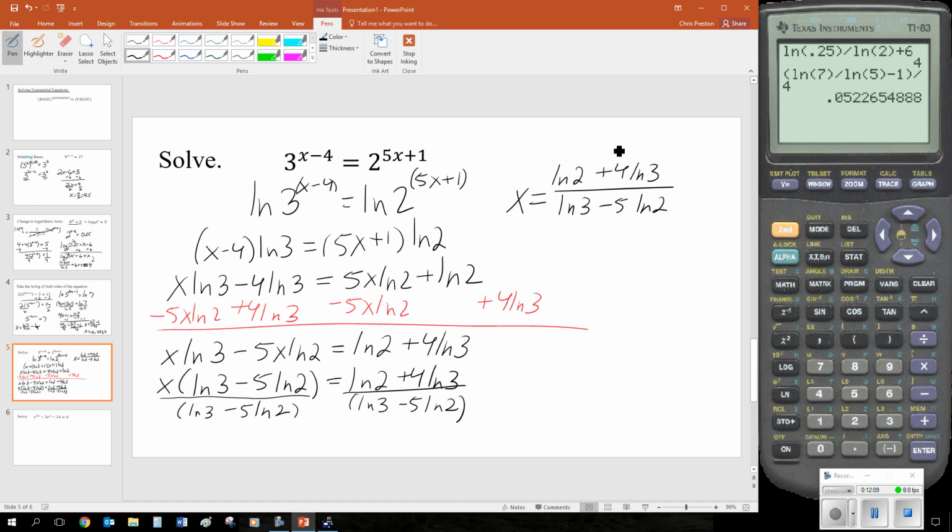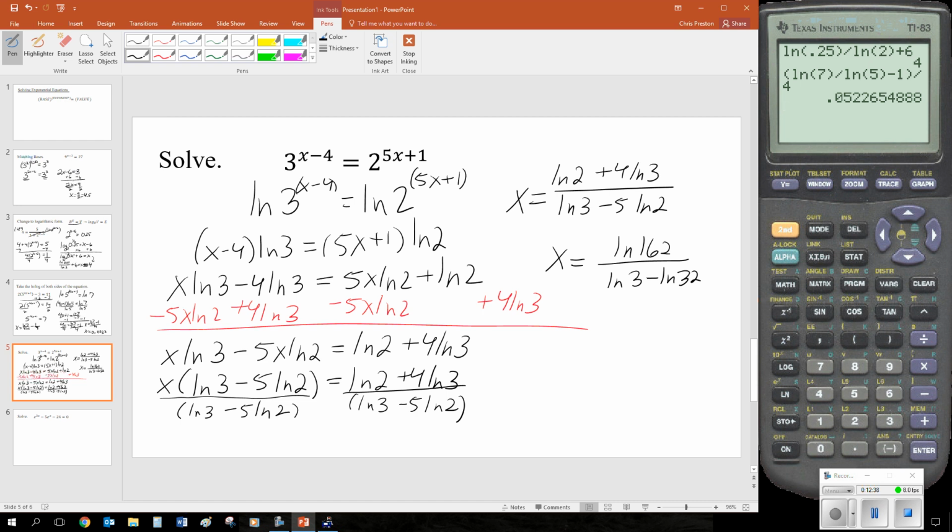You could also make this look a little nicer if you wanted to, let's say, natural log of 81 times 2, 162, natural log of 3 minus natural log of 32. We're just using those properties that say if you have an exponent, you can bring it inside as a power.